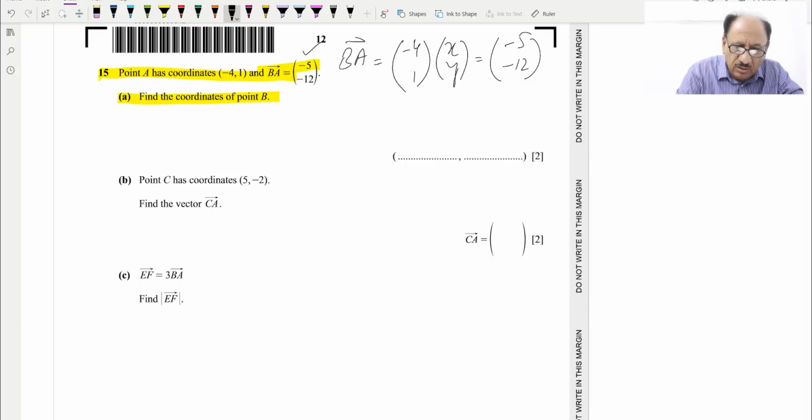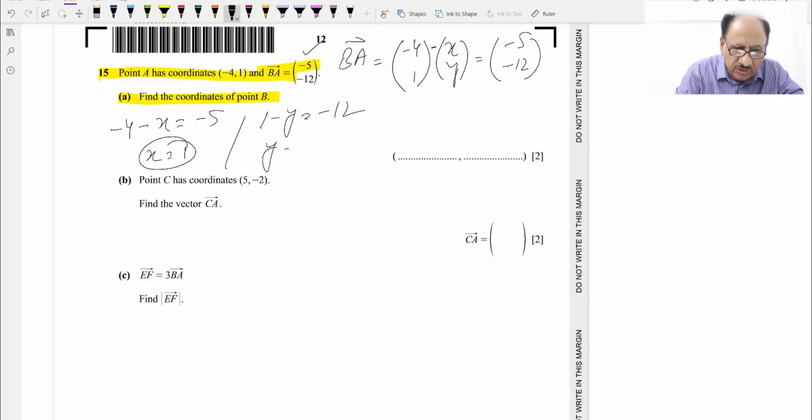Now we can rewrite this as -4 minus x. Basically there should be a minus in between, so it is equal to -5, one equation, which implies x will be equal to 1, and the second equation will be 1 minus y equal to -12.